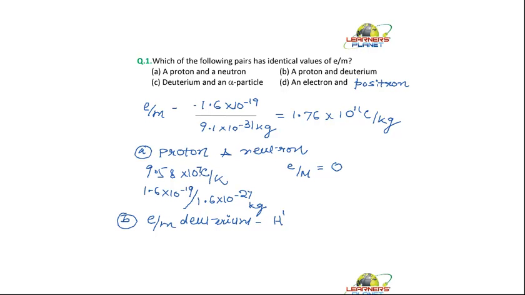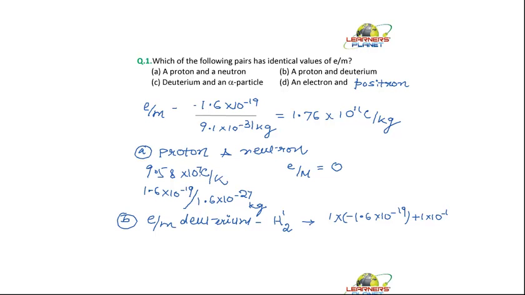What all has it got? It has one electron and one proton plus one neutron. Hydrogen doesn't have a neutron. Now in order to find out the specific charge, what you need to do is take the total charge, that is one electron, 1 into minus 1.6 into 10 to the power minus 19 coulombs, plus the charge on the proton.